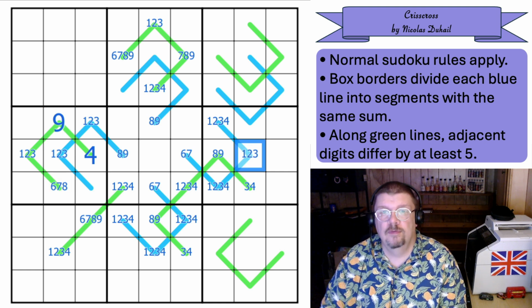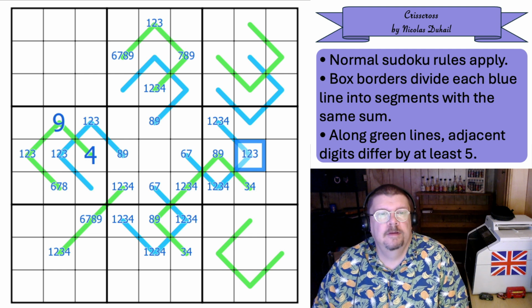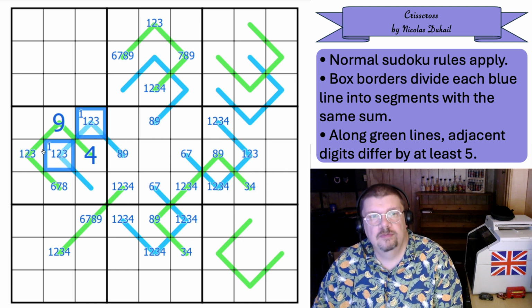That is not 4. So this can't be 2, 3, 4 because that's a 4. 2, 3, 4 is one of the ways to make 9. And if it's not 2, 3, 4, then it must have a 1 on it. So one of those is a 1.